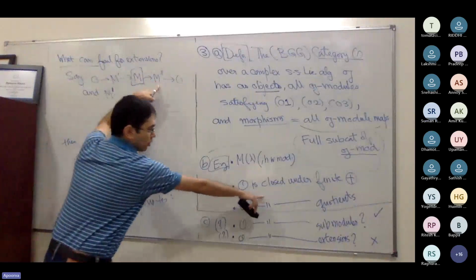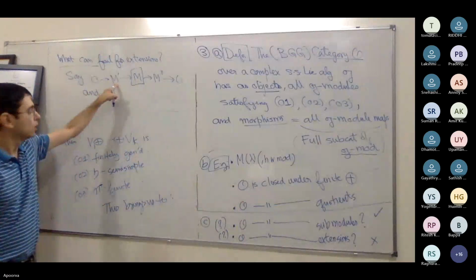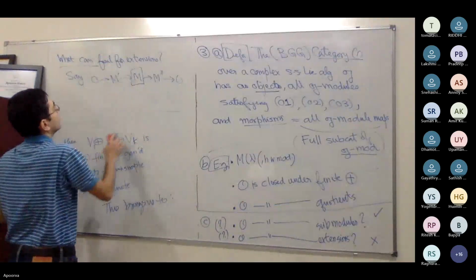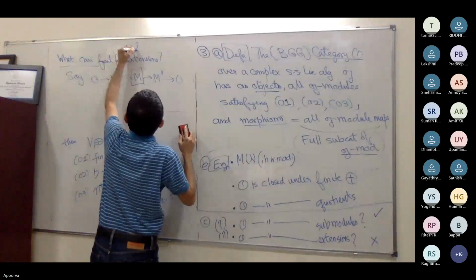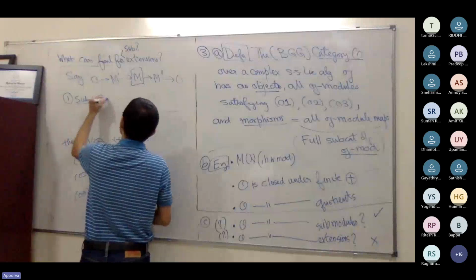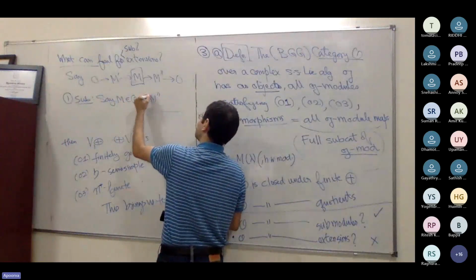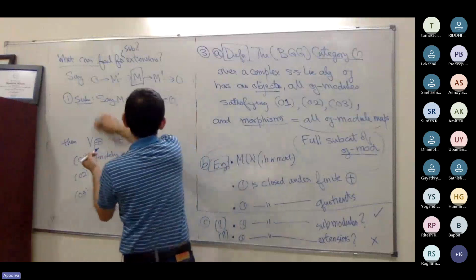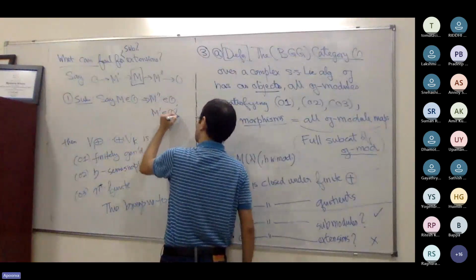M double prime is clearly in O, and we will prove that M prime, the submodule, is also in O. Let's look at it. First of all, submodules. Say M is in O, then M double prime is in O, that is obvious. And the question is whether M prime is in O.